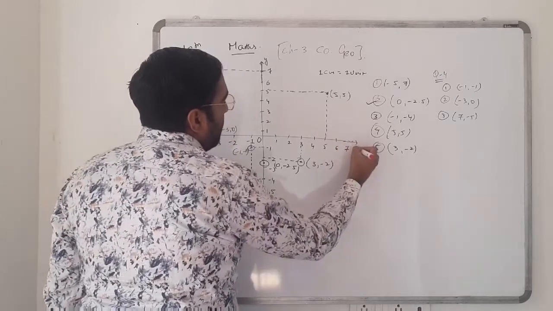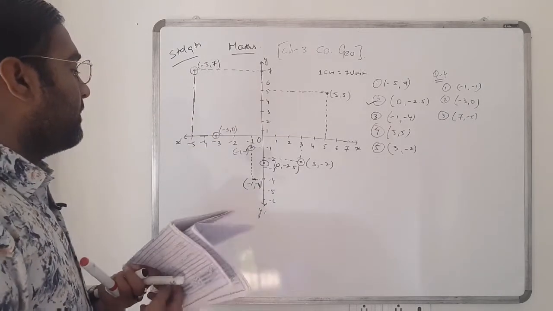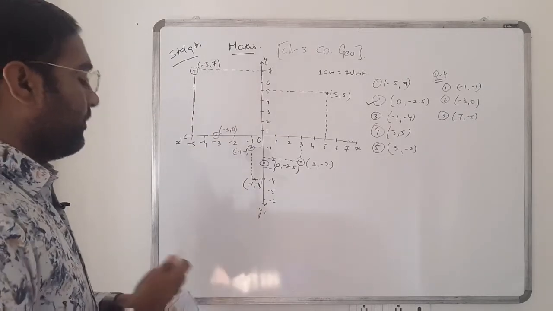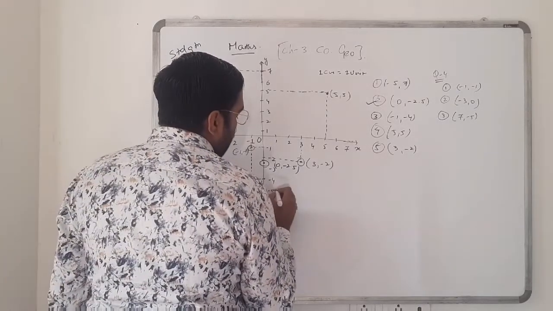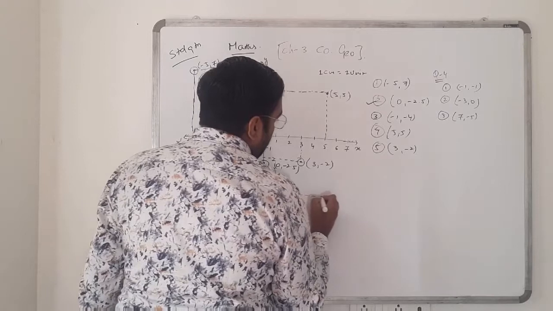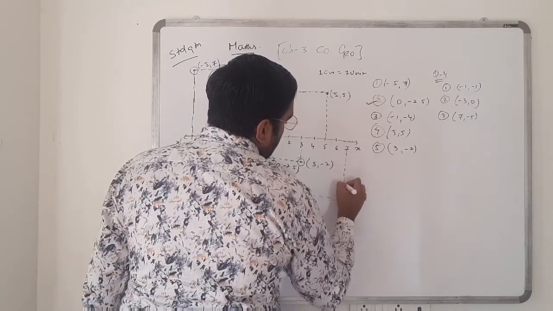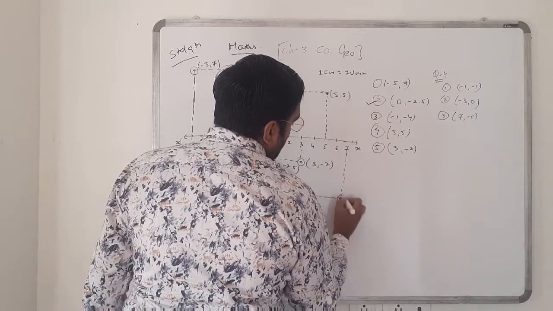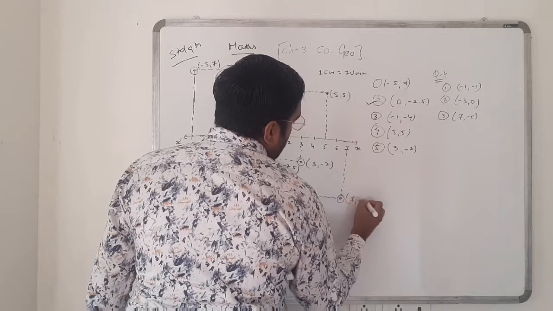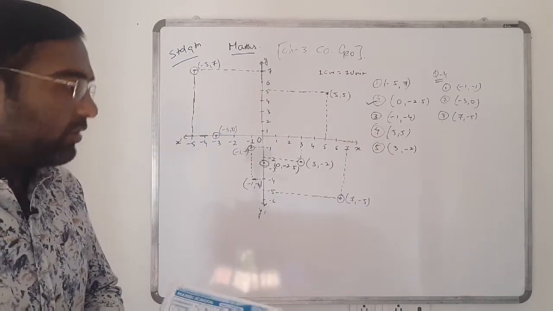So now 7 comma minus 5. Minus 5. Okay, clear that?